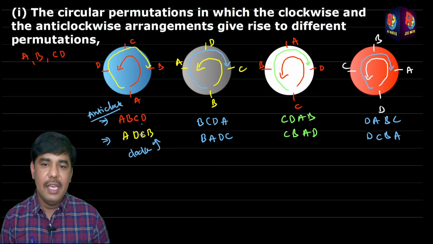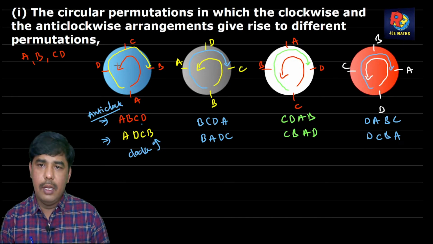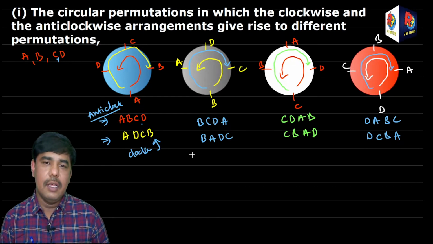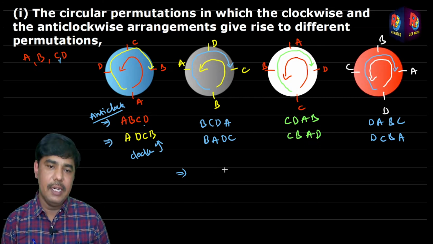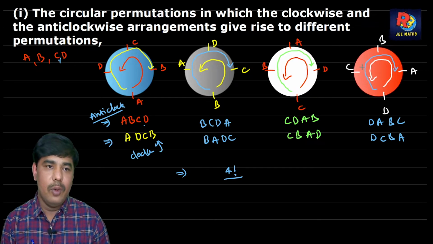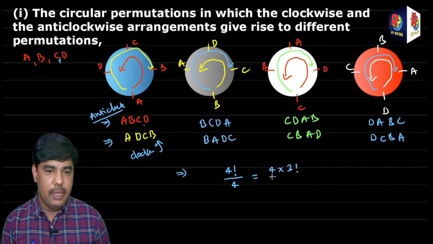These four different persons can be arranged in four places in 4 factorial ways, but here four cases are the same, so it will be divided. I can write 4 factorial as 4 into 3 factorial, divided by 4.